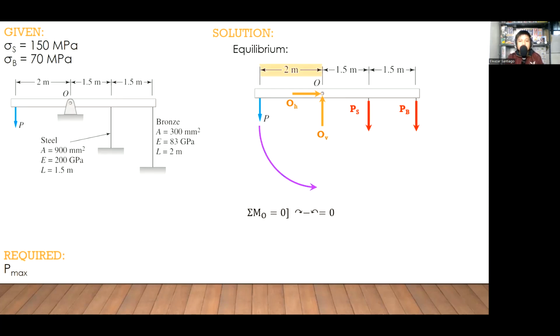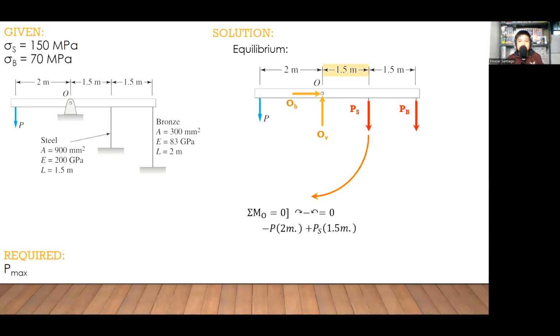Therefore, for counterclockwise, that will be a negative value. So negative P times its lever arm. From P towards point O, it is 2 meters. Next, let's take now our moment with respect to the force for the steel rod. For PS now, the rotation of this load with respect to point O is clockwise. Therefore, we will consider a sign that is positive.